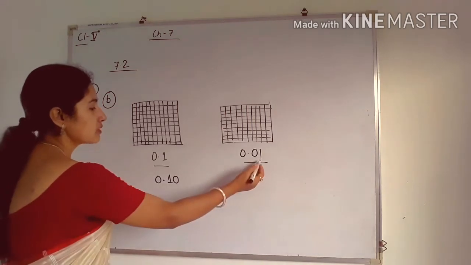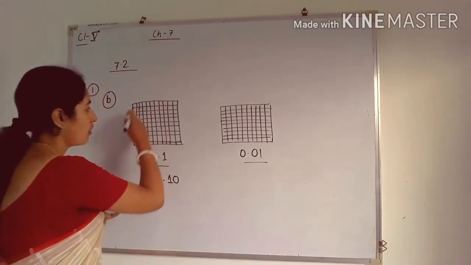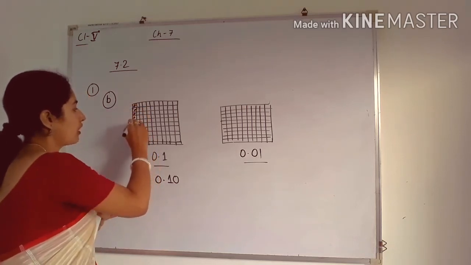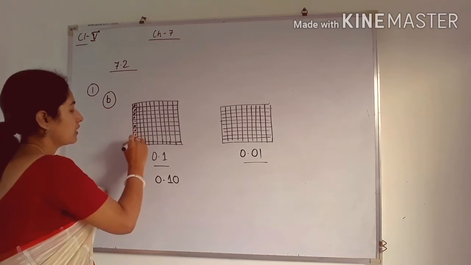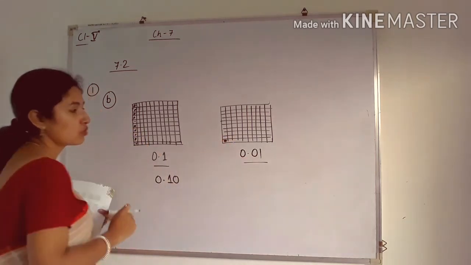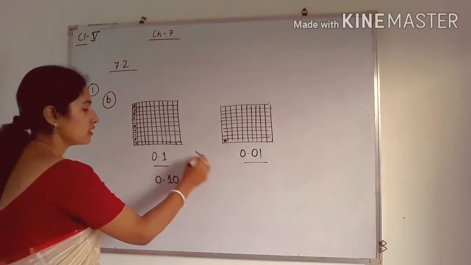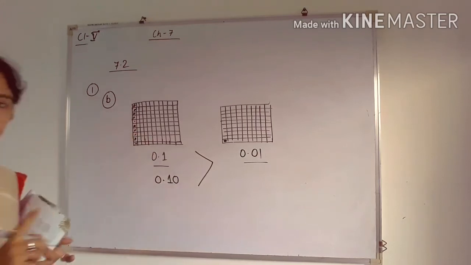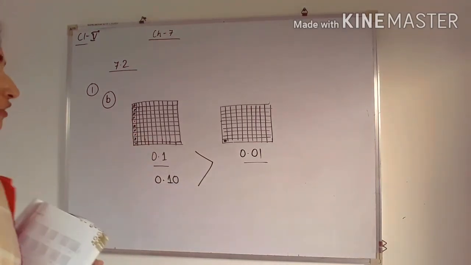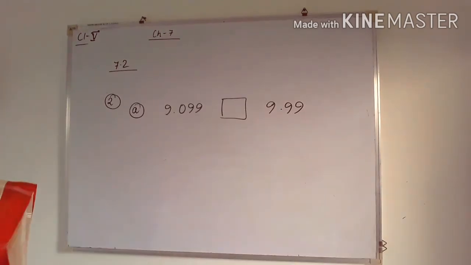So this is 1 hundredth and this is 10 hundredths. That means out of 100 equal parts you have to shade 10 equal parts. So 1, 2, 3, 4, 5, 6, 7, 8, 9, 10 you have to shade. Here you have to shade only one part. So which one will be greater? Yes, 0.10 is greater than 0.01. So in unlike decimals you first have to convert them into like decimals, then check which one is greater.